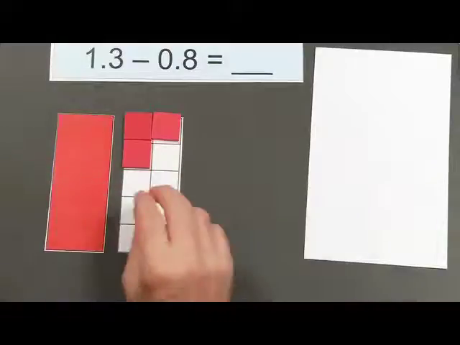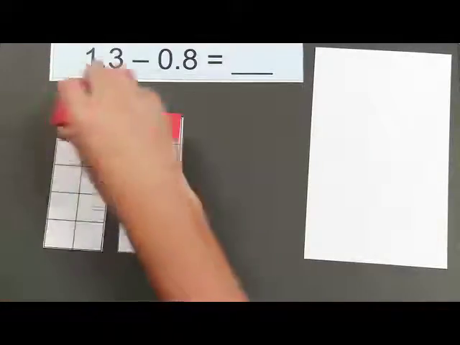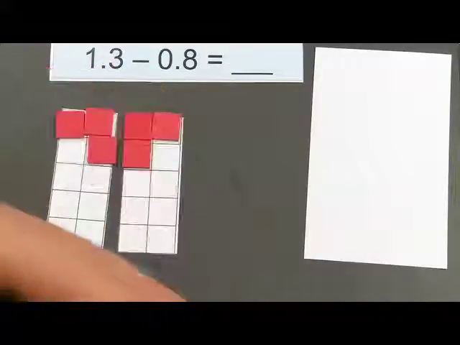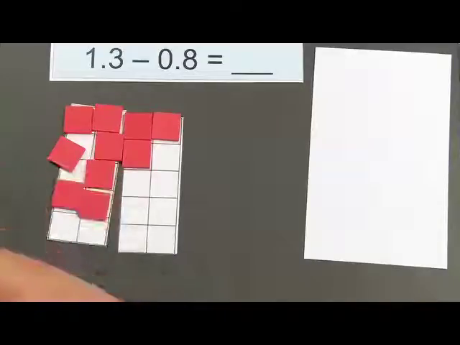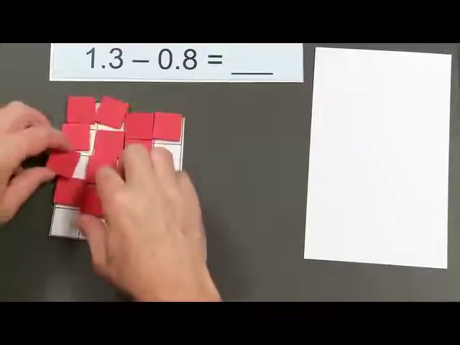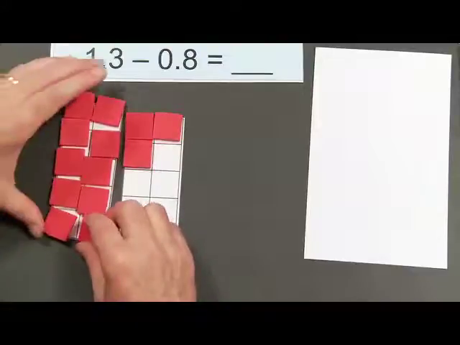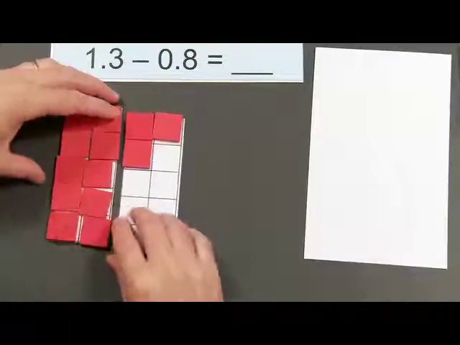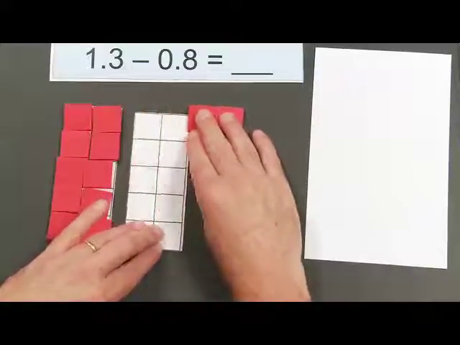That's pretty easy. But what I'm going to have to do is think about this whole as 10/10. Take away 3/10 to walk me down to the whole.